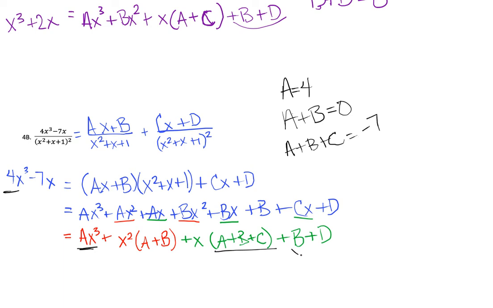And my constant b plus d, that is 0. So b plus d equals 0. So my a is 4, and my b has to be -4. If this is 4 and this is -4, then c has to be -7. And if b is -4, then d has to be 4.